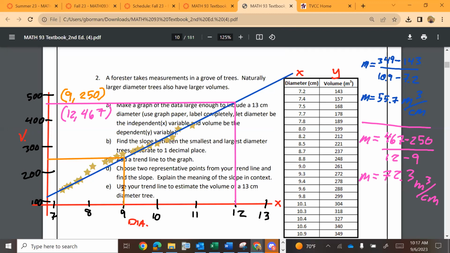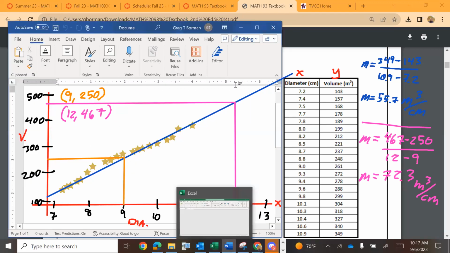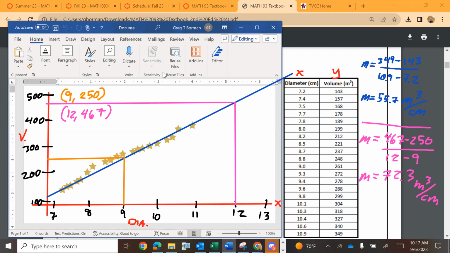Part E: use your trend line to estimate the volume of a 13 centimeter diameter tree. I'm going to do the same thing again, like I did with those straight lines. When we're at 13 centimeters, I go straight up and down, not leaning.